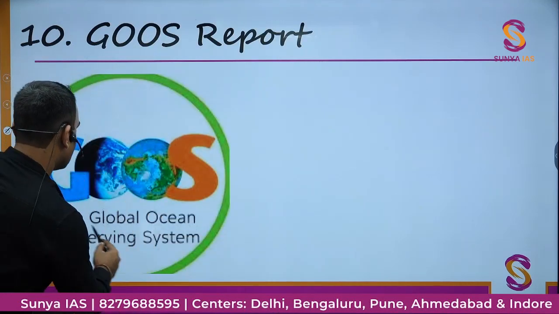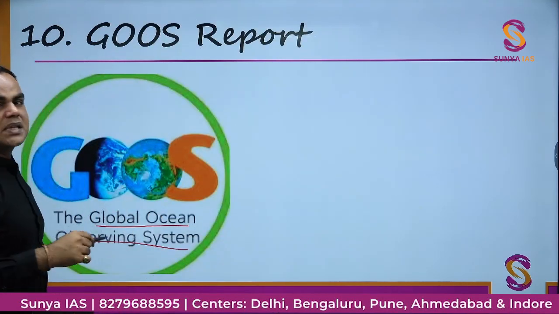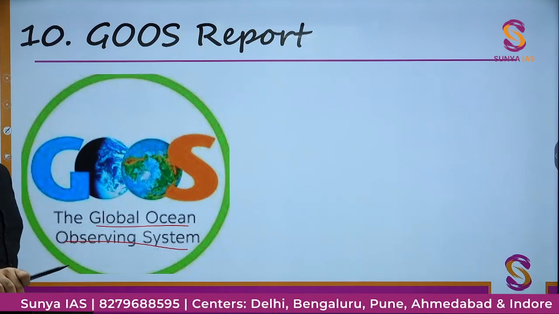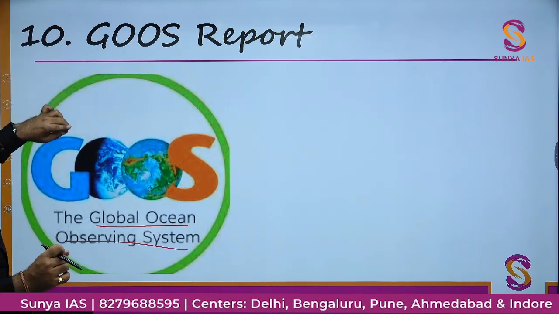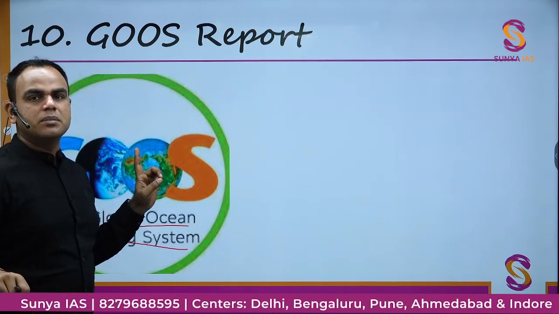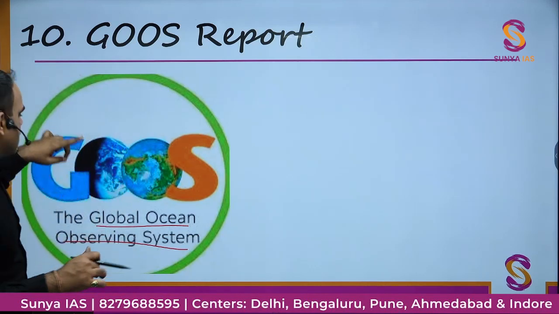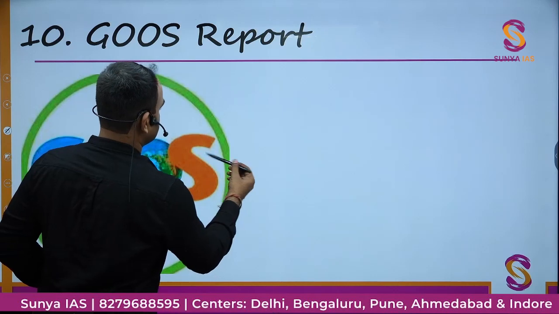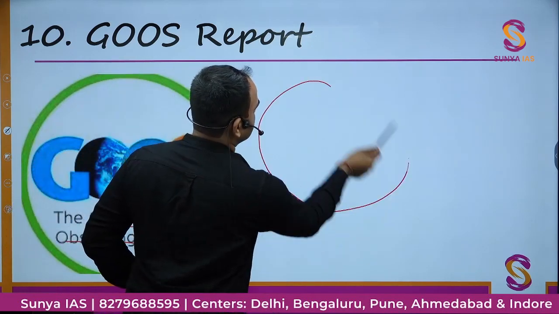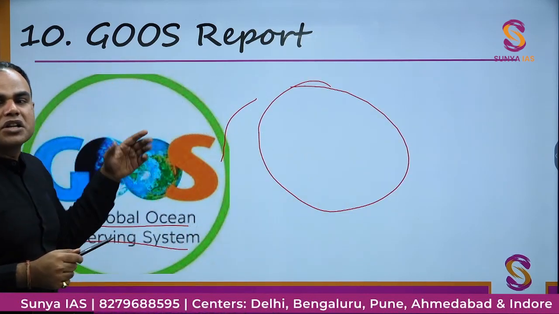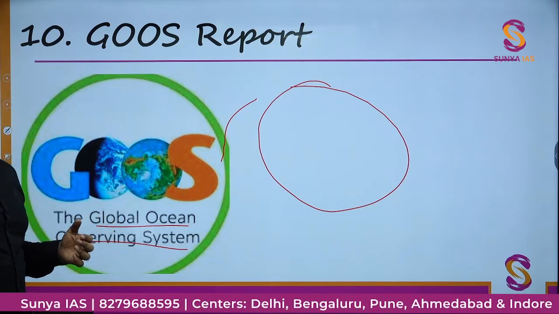Okay, then you have the Global Ocean Observing System. The name itself is important for us to know. Here what you need to know, number one, is that it talks about the ocean systems, the circulation of ocean systems which is happening, and related to that it is giving us a report.